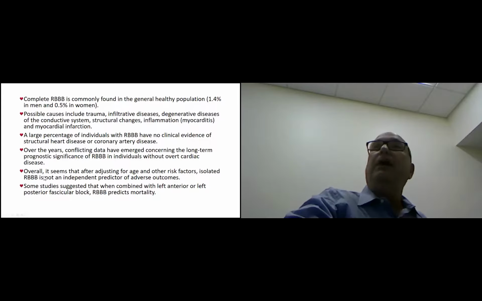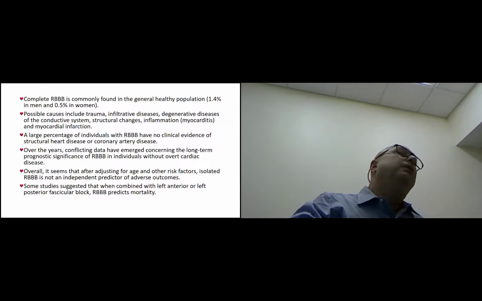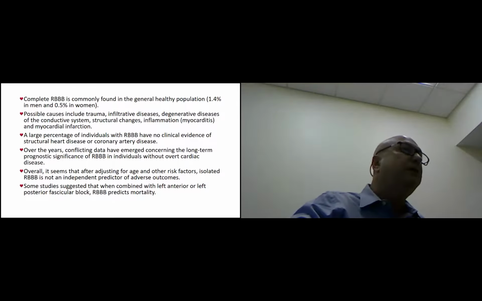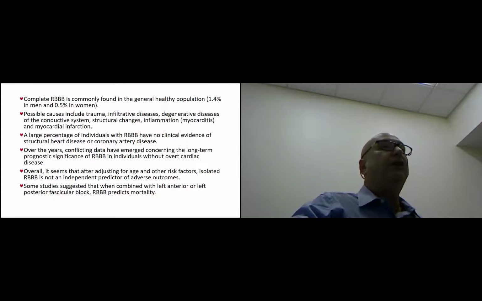So complete right bundle branch block is commonly found in the general healthy population, about 1.4% in men, 0.5% in women. Possible causes include trauma, infiltrative disease, degenerative diseases of the conduction system, structural changes, inflammation, and myocardial infarction.